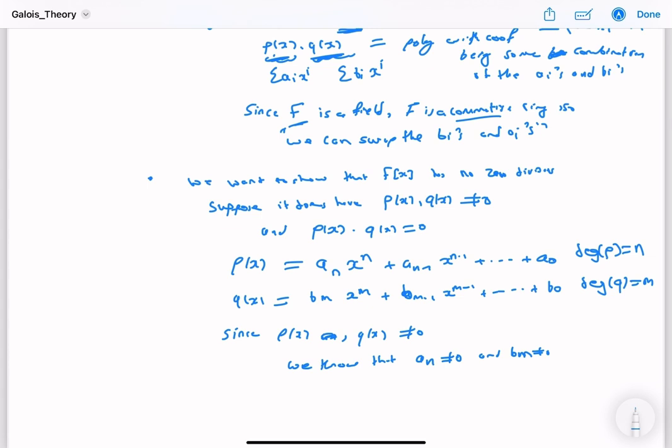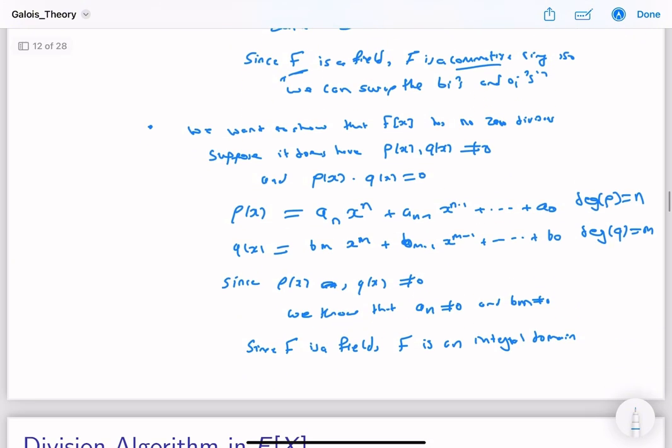Since F is a field, we know for sure that F is an integral domain. This is what we proved in a previous video. And since F is an integral domain, it has no zero divisors, right?